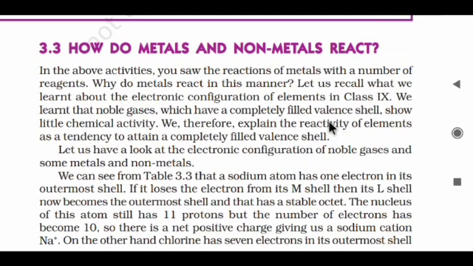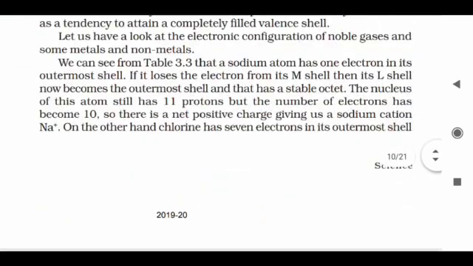To attain a complete valence shell, it will lose the two electrons from the outer shell. That's why its valency is 2 plus. We know this already from standard 9. Let's have a look at the electronic configuration of noble gases and some metals and nonmetals. We can see from table 3.3 that a sodium atom has one electron in its outermost shell.